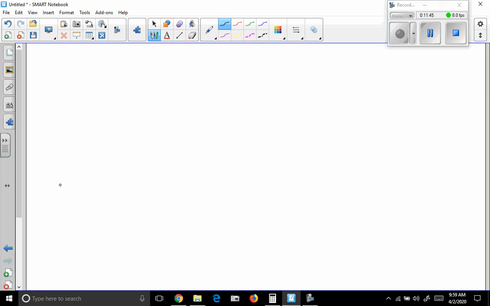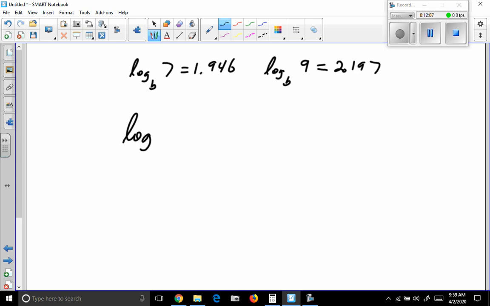So then we might be given something such as log base B of 7 equals 1.946, and log base B of 9 equals 2.197. So suppose that we need to find log base B of 63.